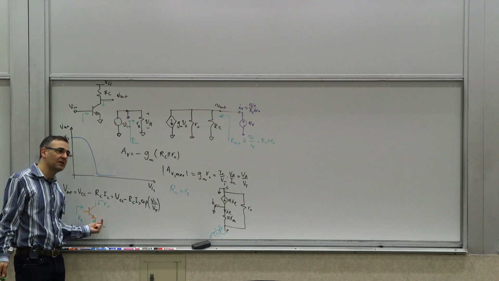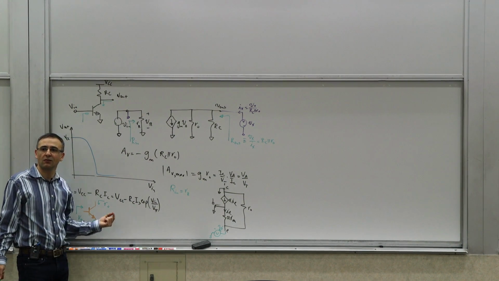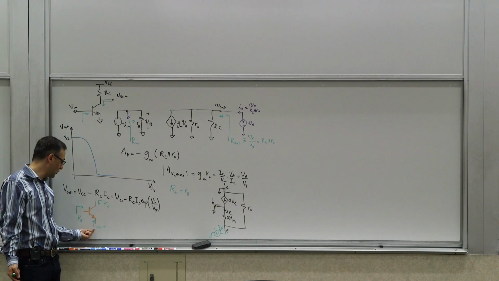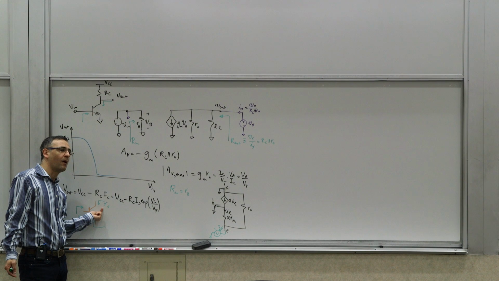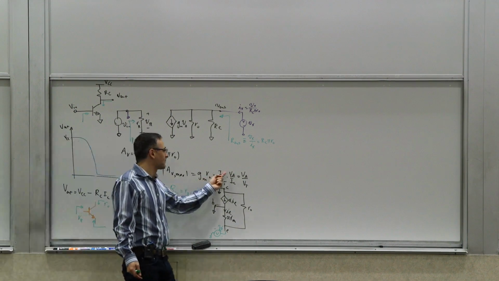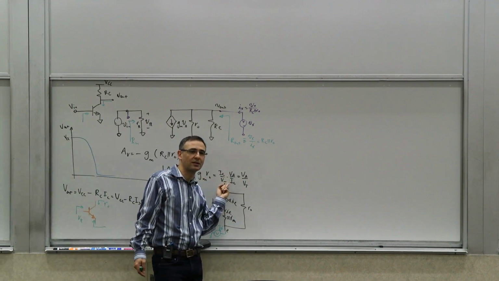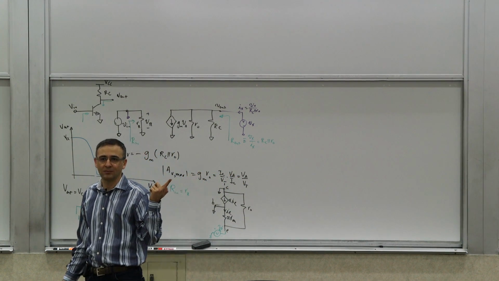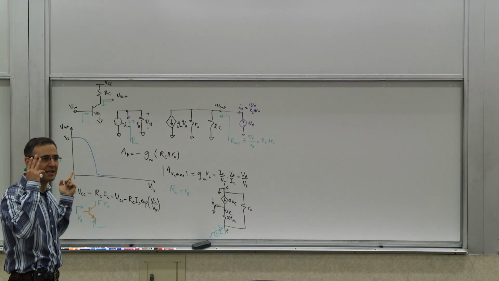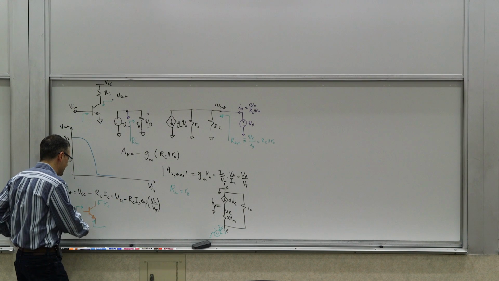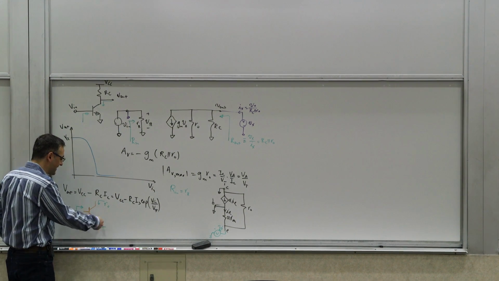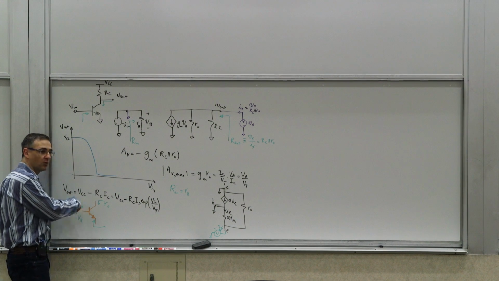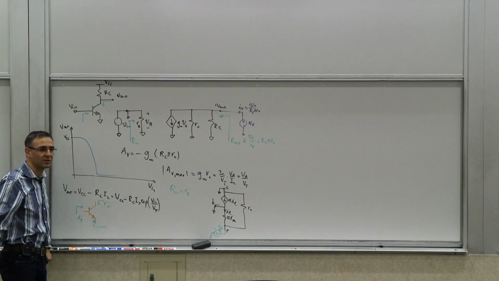So Rm is in tens of ohms, say 25 ohms at 1 milliamp. R pi is 2.5 kilo ohms. And RO, with a VA of 100, is 100 divided by 1 milliamp, so 100 kilo ohms. These three are on very different orders of magnitude: tens of ohms, kilo ohms, and hundreds of kilo ohms.